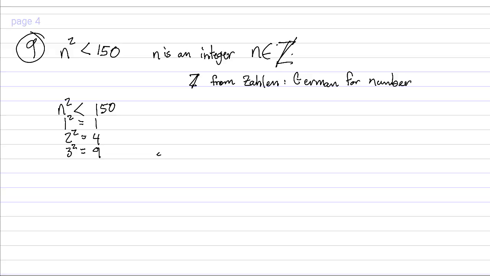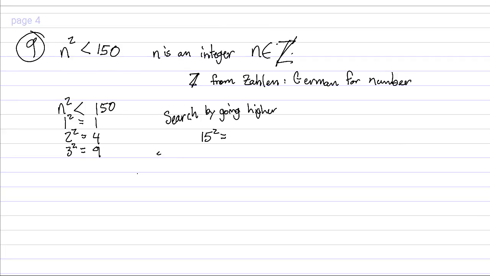This is the simple way to do it, but a quicker way to do it is to search by going higher, and we'll just say 15, right? What's 15 squared? 15 squared is equal to 225, alright?